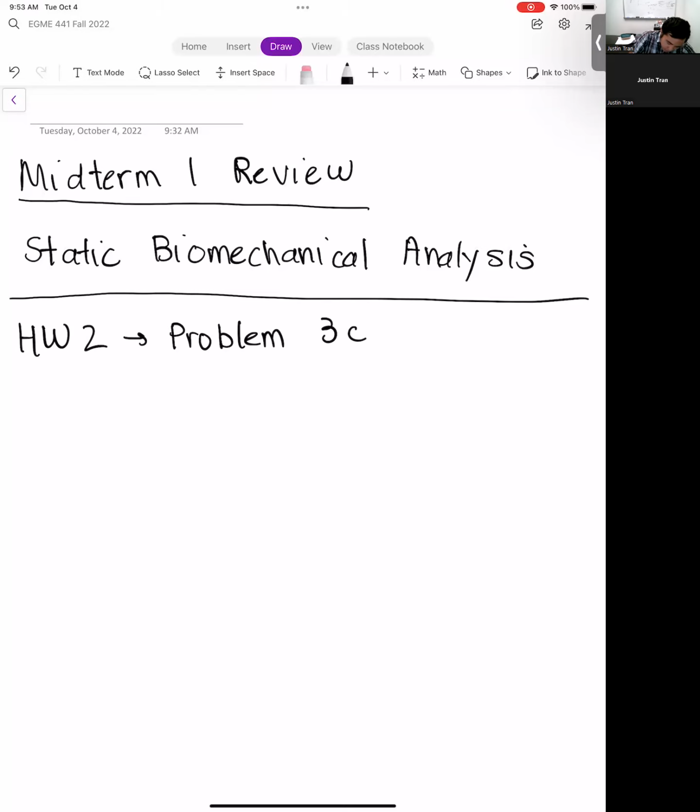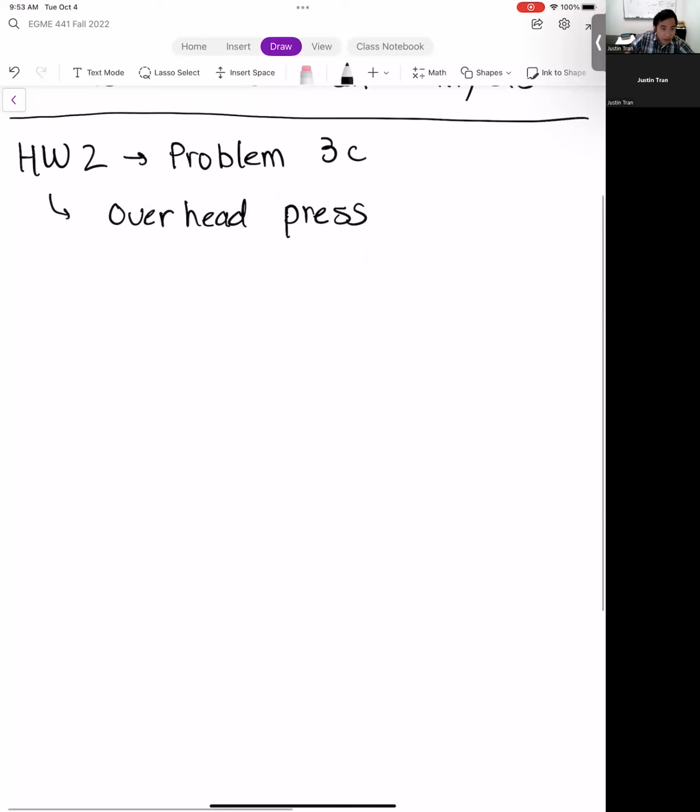The context for this problem is that we want to do an analysis on someone doing an overhead press exercise. This is an analysis of the upper extremity, so we're looking at the arms and, in this case, the shoulder as well.